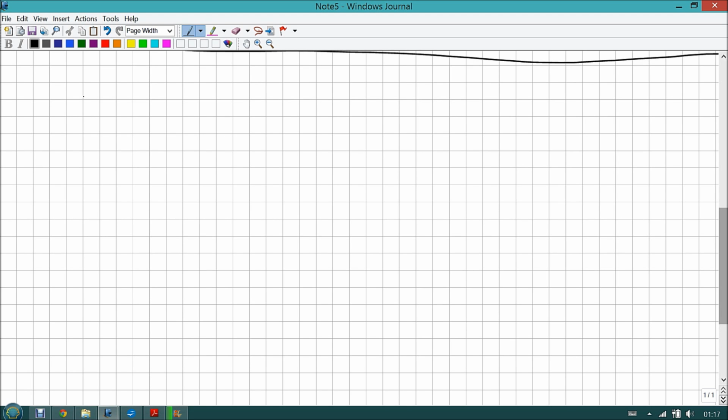Now there's one more method of finding the vertex, and this is if we're given the particular equation in what's called factored form. If you'll notice, this is indeed fully factored.